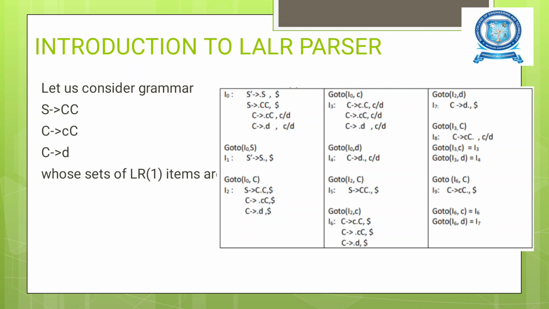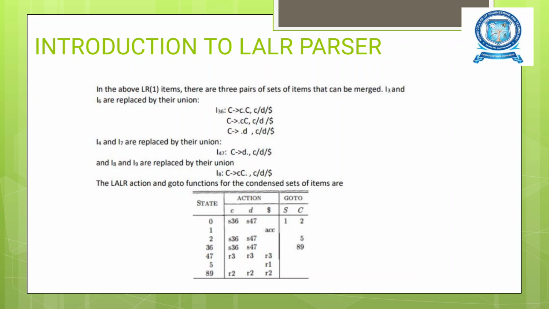Like that we can get all the items. This process continues until no more new items can be generated, and at the end all the productions have the dot moved to the end of the production.